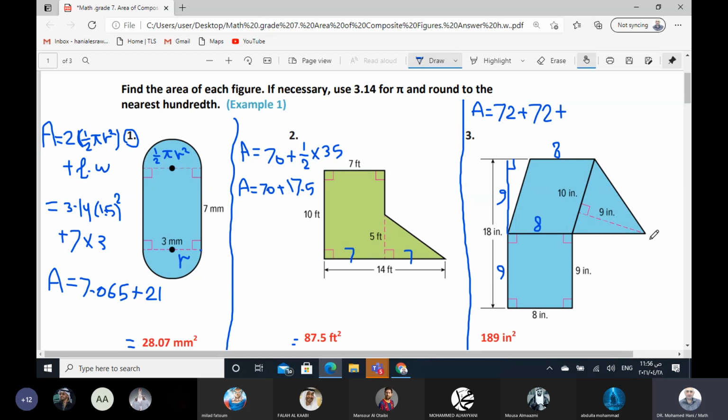Now we have the triangle. This is the base of the triangle. So here we have 1/2 times the base of the triangle 10 and the height will be 9. 10 times 9 will be 90.